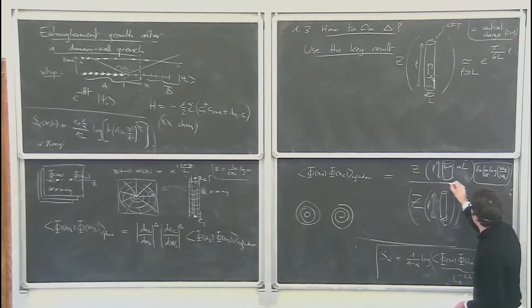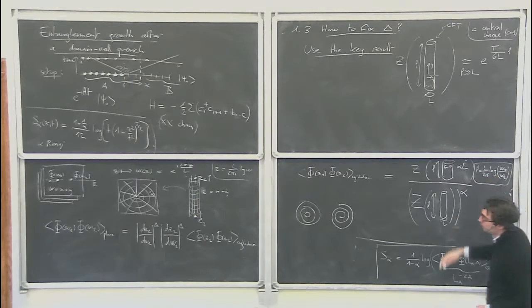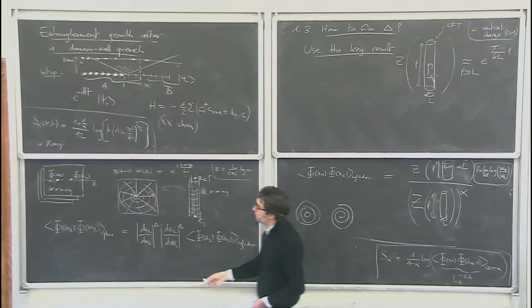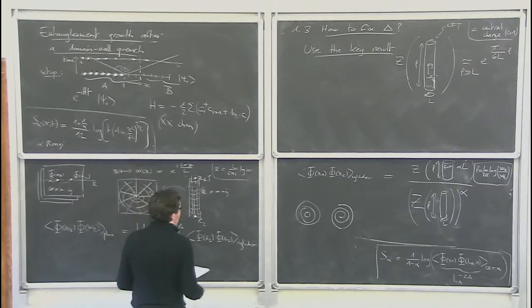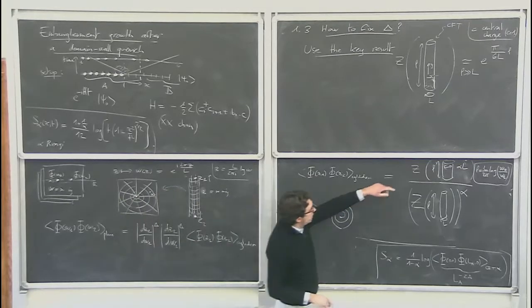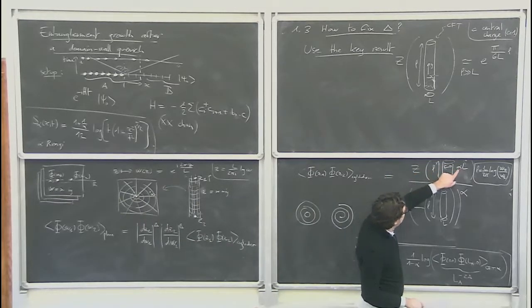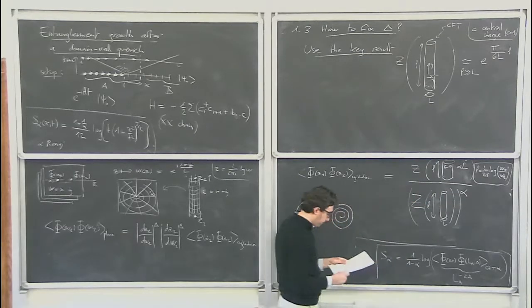It's the ratio of two partition functions of a long cylinder whose length is given by this log of the size of the initial interval. One cylinder has circumference alpha times L, the other one has circumference L, but we have to take it alpha times.